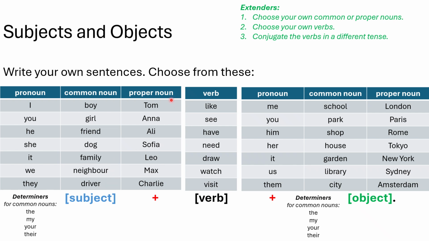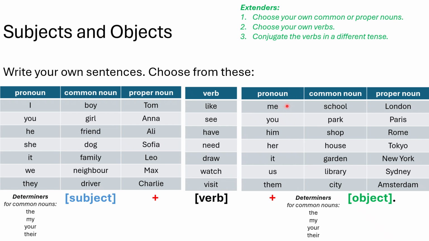Proper nouns: Tom, Anna, Ali, Sophia, Leo, Max, Charlie. Verbs: like, see, have, need, draw, watch, visit.